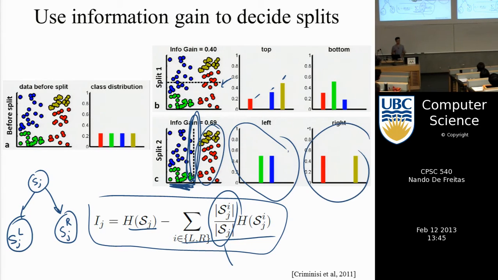So this seems to be a nice decision, and the information gain here is 0.69, whereas the information gain here is only 0.4. So we go with this one, and we don't go with the other, because we choose the one that has the highest information gain.